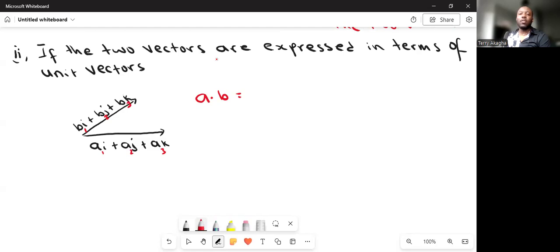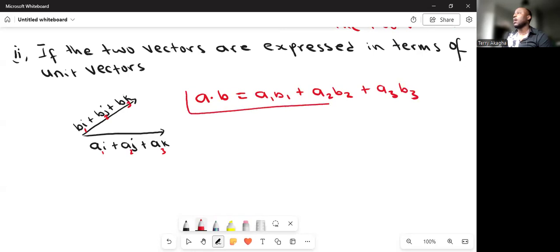So the i component is the ones, the j component is the twos, and the k component is the threes. So A dot B is going to be equal to A1 B1 plus A2 B2 plus A3 B3. And that is that for that.